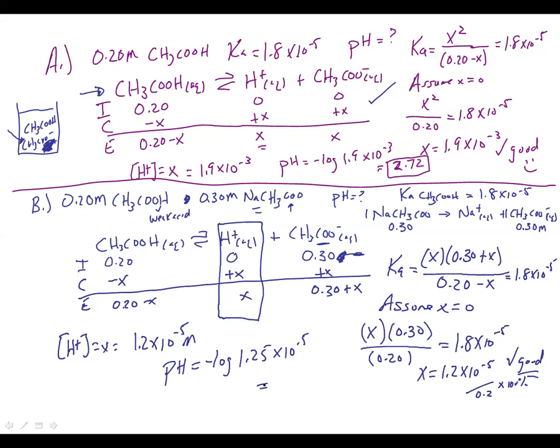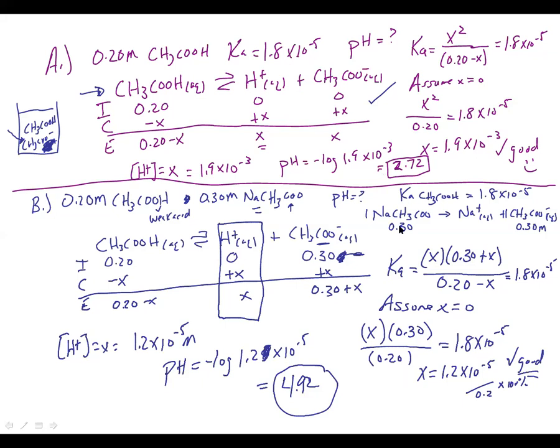Sorry, I put an extra 5 in there. My bad. Added it for free, I guess. Minus the log of 1.2 times 10 to the minus 5 gives us a pH of 4.92 for this solution here, the one that contained the common ion. Any questions on that?